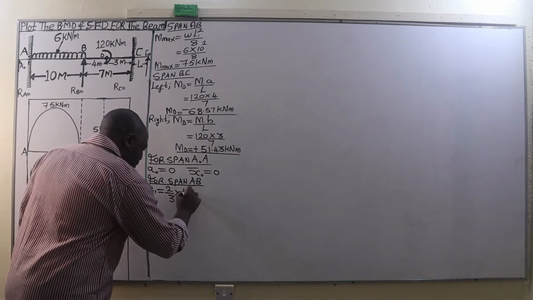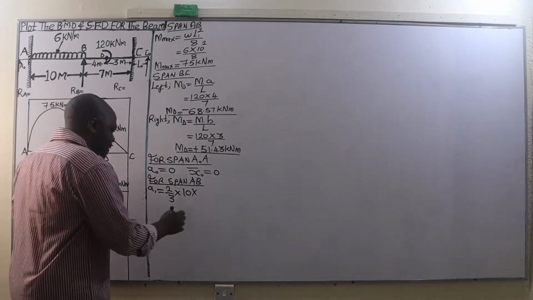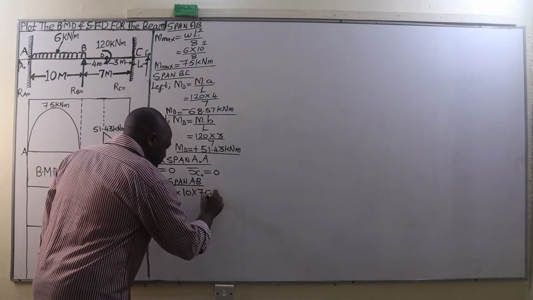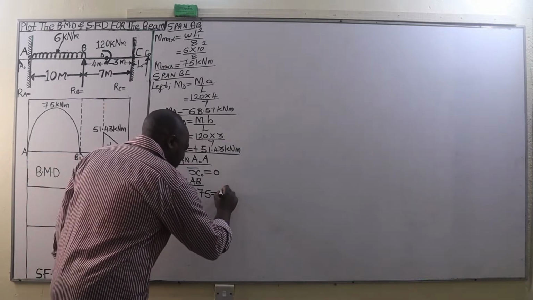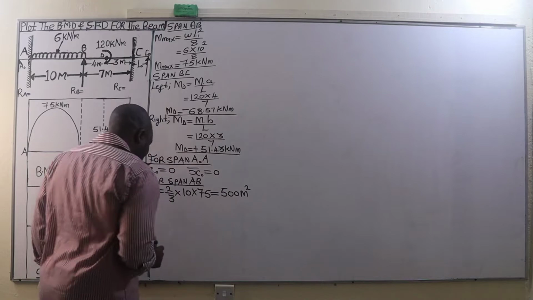So 2/3 of 10 meters multiplied by the height, which is 75 units. So we got A1 as 500 square meters.